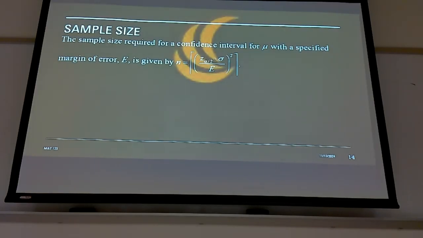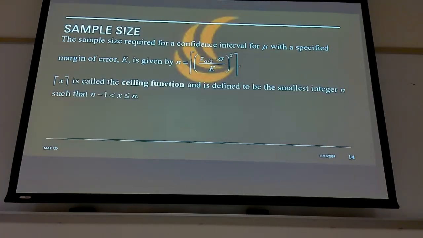And the ceiling function is really cool because all it does is take your value and round it up to the nearest integer. If it's an integer, it spits that integer back out. Otherwise, it'll round it up. So that's the formal definition of the ceiling function.